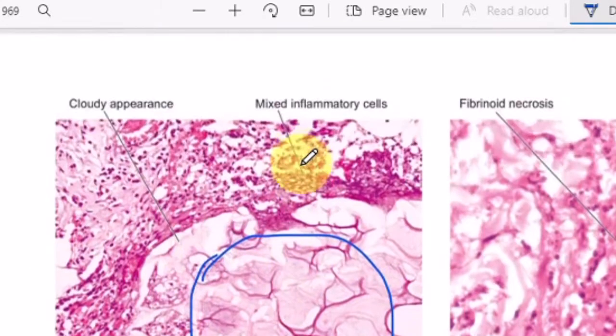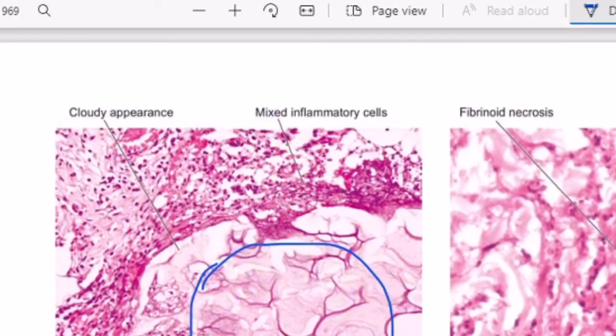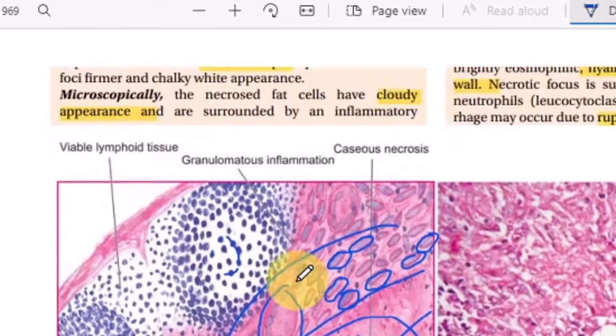And in H&E staining, you can see a cloud-like presence over here, which resembles fat necrosis. In H&E staining, you just need to differentiate the shades of pink and purple, and just by looking at the spread of the pink and purple color, you need to identify the organ as well as what type of pathology has happened.